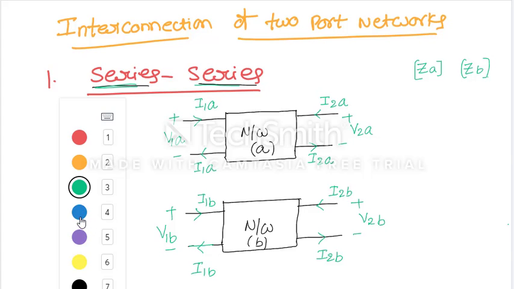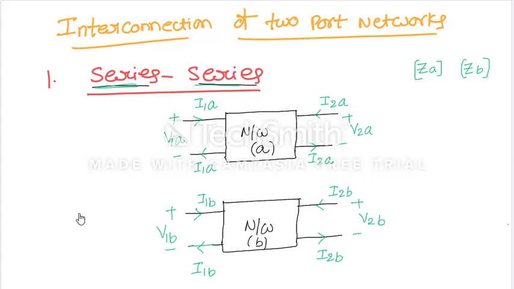So for the same current to flow, this current is I1 and this current is I2, which means this current and this current must be the same. I1A must be equal to I1B. For this, I am making this connection. Then what happens?